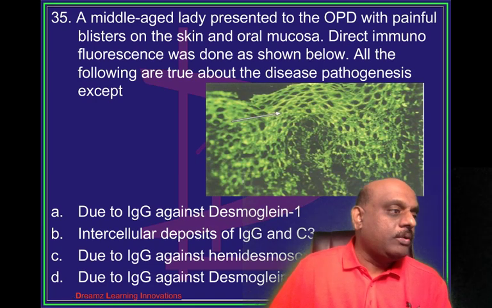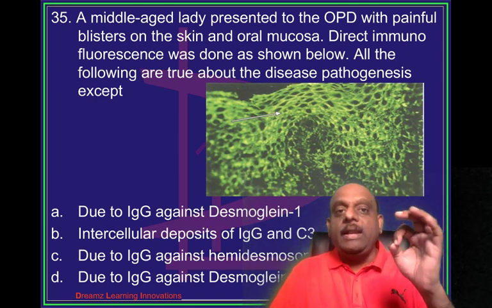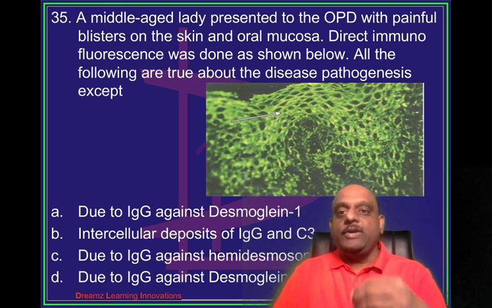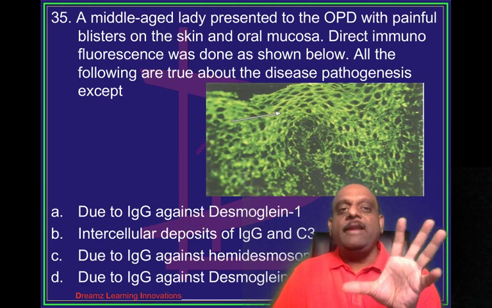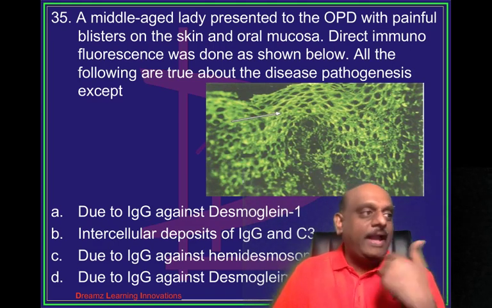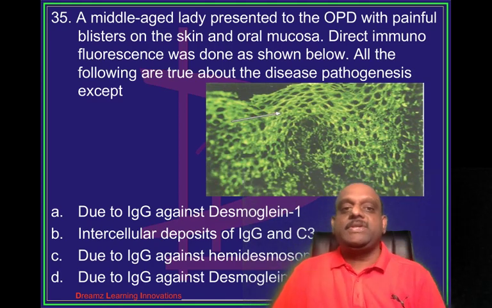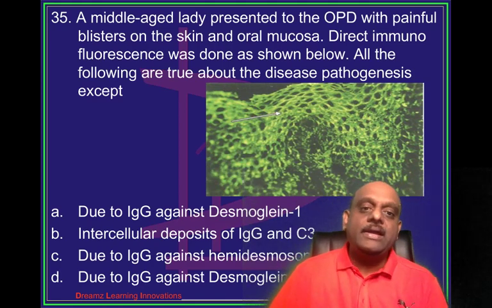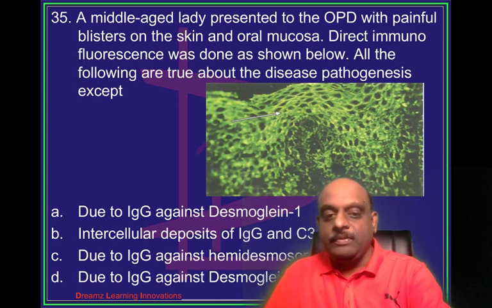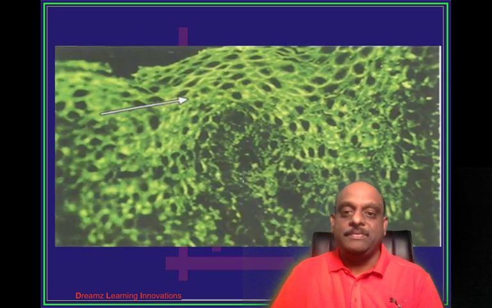Now, a middle-aged lady presented to the OPD with painful blisters on the skin and the oral mucosa. The direct immunofluorescence was done. And what is true about her pathogenesis?